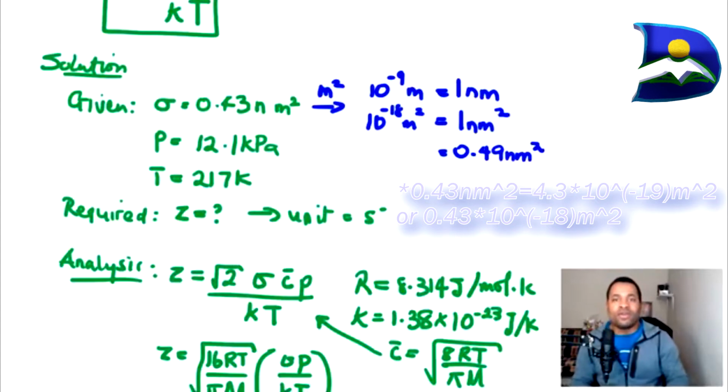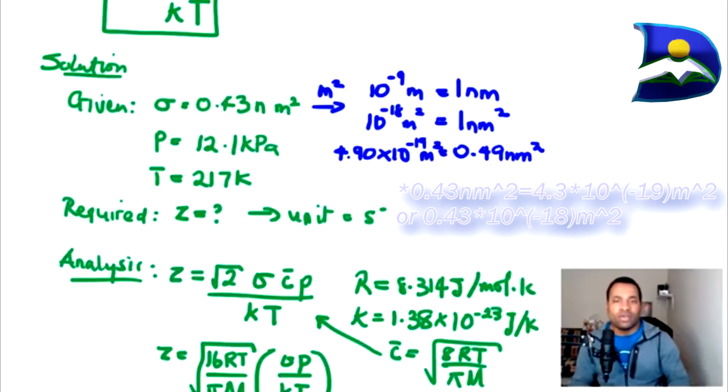We are going to multiply this number 0.49 by 10 to the power of -18, and we're going to have our new expression for our cross-sectional area to be 4.90 times 10 to the negative, in this case we're going to go one step back, which means 19 meter squared.